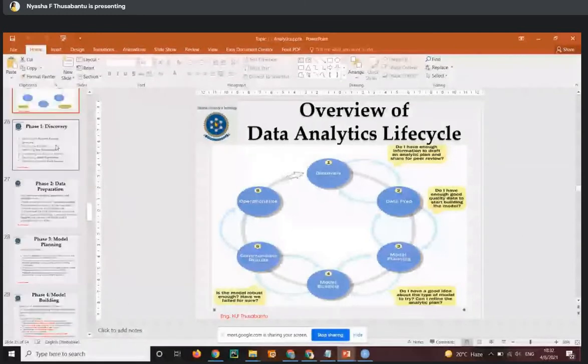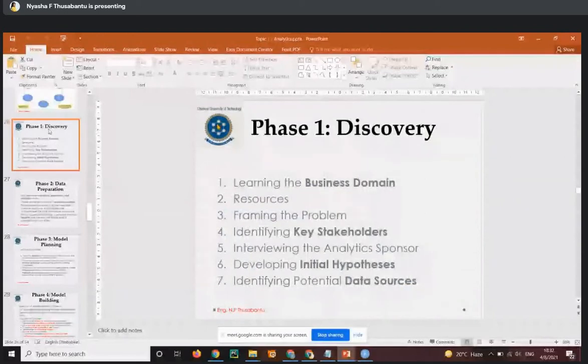Then this is just giving a summary of what I've been explaining on this diagram. But discovery, you learn the business domain, what resources do I have, what is the problem, who are the key stakeholders, you develop your initial hypothesis. Remember, in preparation, we start with statistics, and you begin your statistical model, the hypothesis you're trying to prove. Then you also identify your data sources.